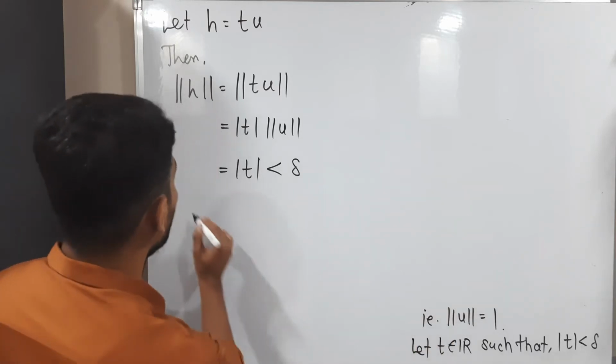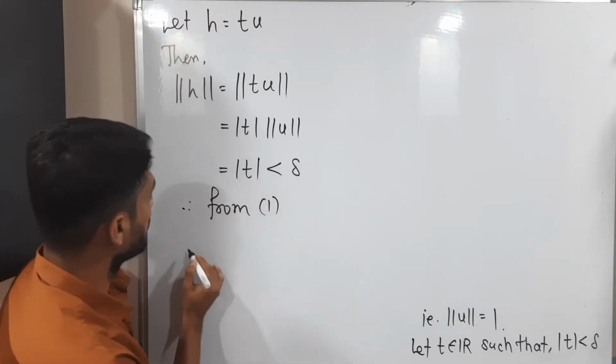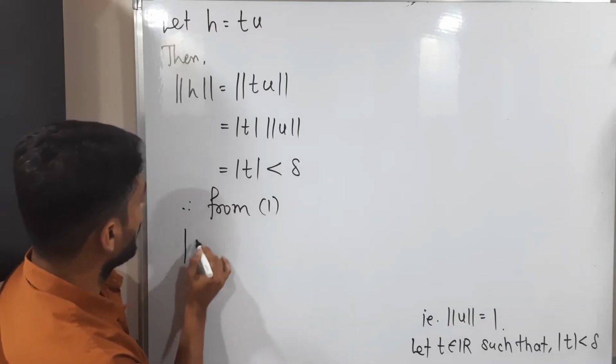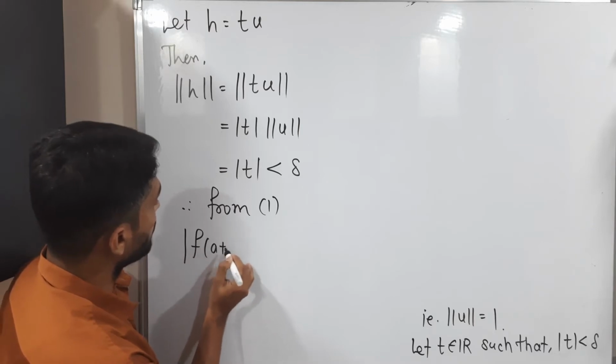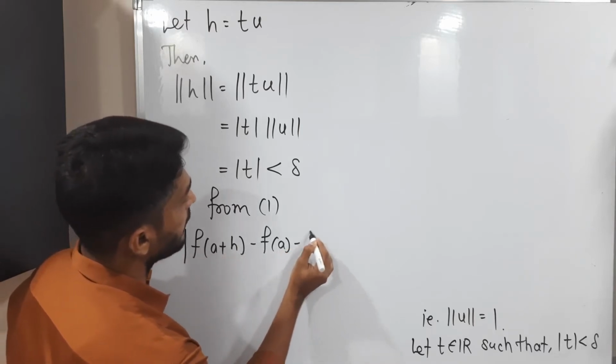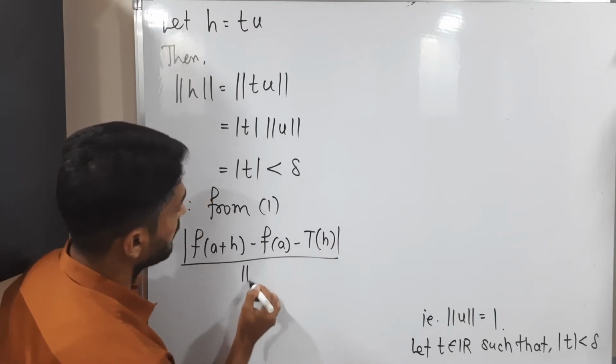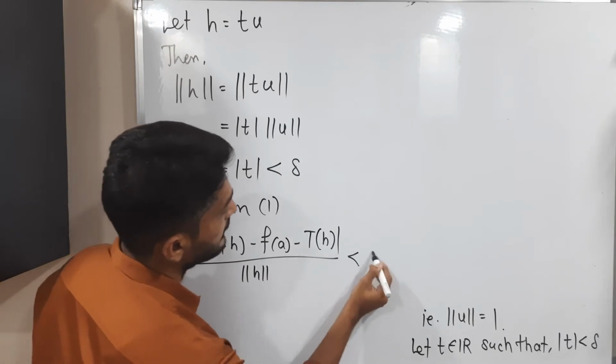So from statement 1, what can I write? Statement 1 says mod f of a plus h minus f of a minus T of h, divided by norm h, less than epsilon.